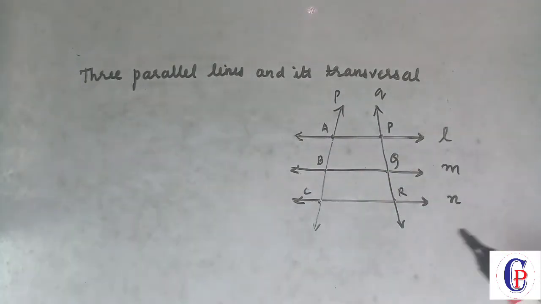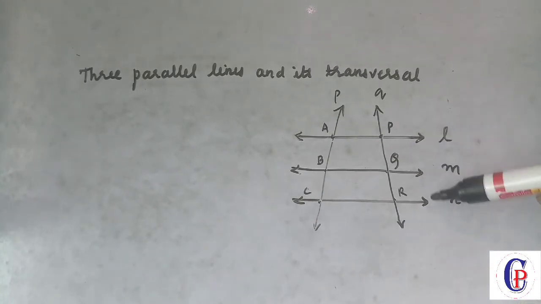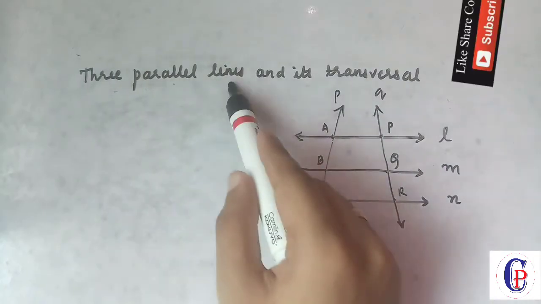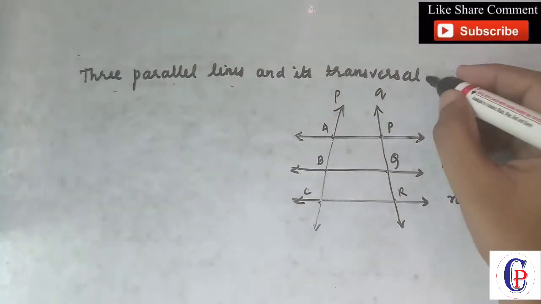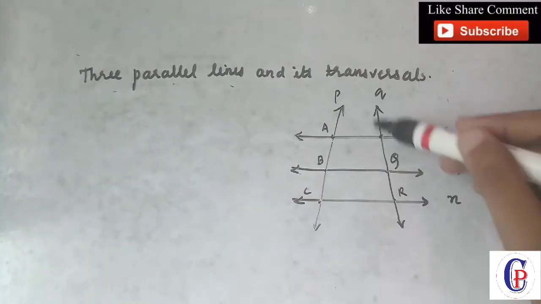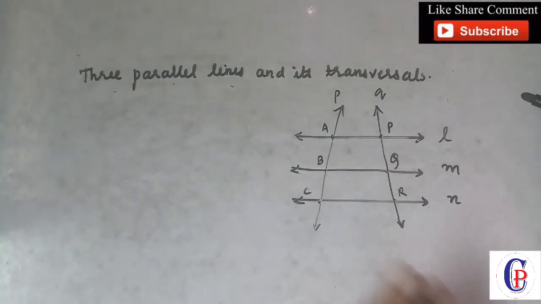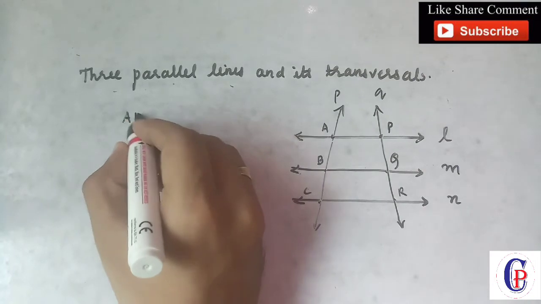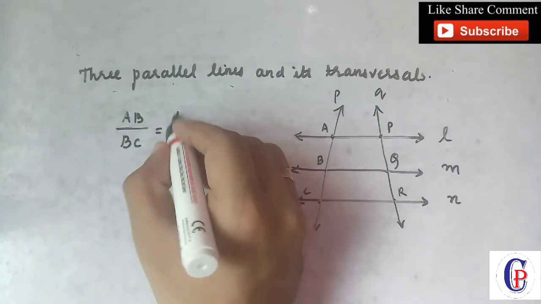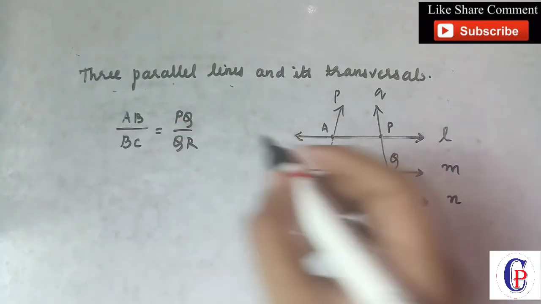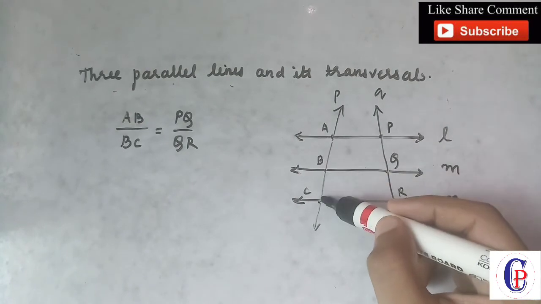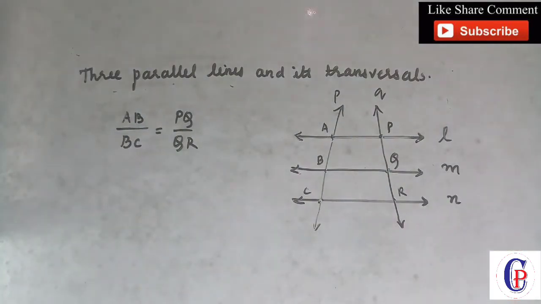These two transversals can be parallel or not parallel, but the main condition is that L, M and N should be parallel. If you see such a diagram, immediately your answer should be AB upon BC is equal to PQ upon QR.